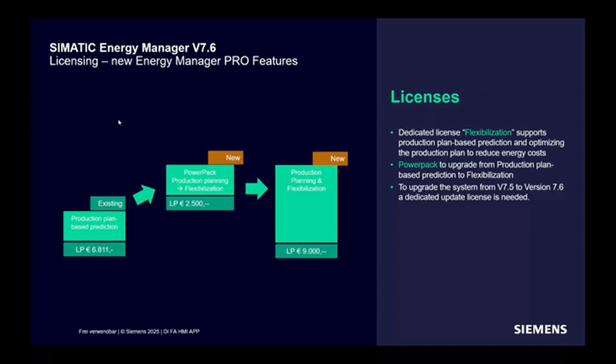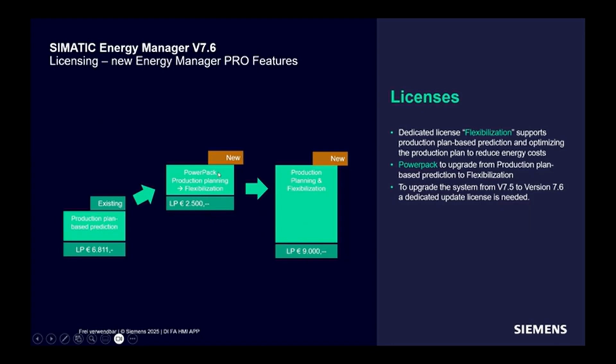Good. When we are talking about the licenses of the Energy Manager Pro for this flexibilization functionality, there is now a power pack available that you can use alongside the old production plan tool, which already existed to calculate the estimated energy consumption.